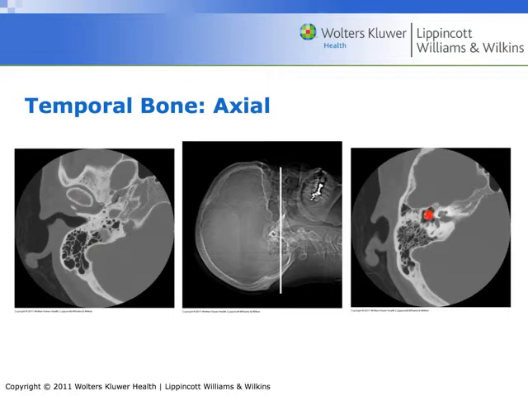We noted this on the other image. This is the auditory ossicle, so it's the malleus. And just below it, that is what we would term, it's another auditory ossicle, it's the incus. So we just saw it as a little tiny dot on the coronal images.